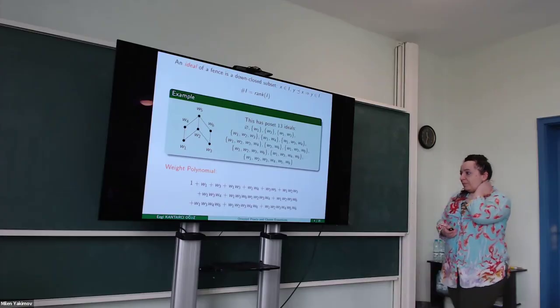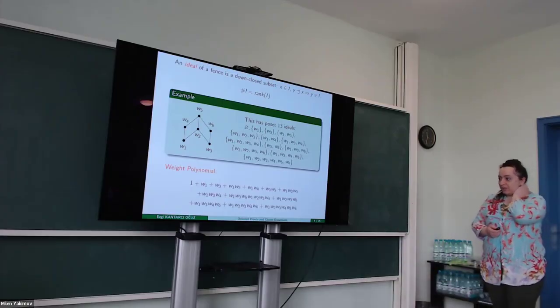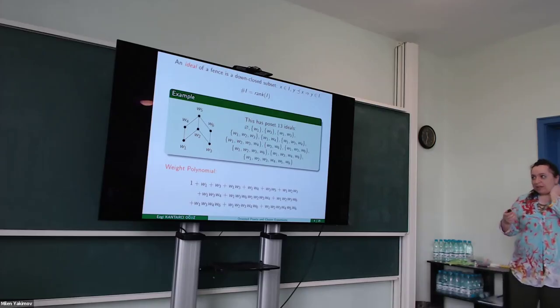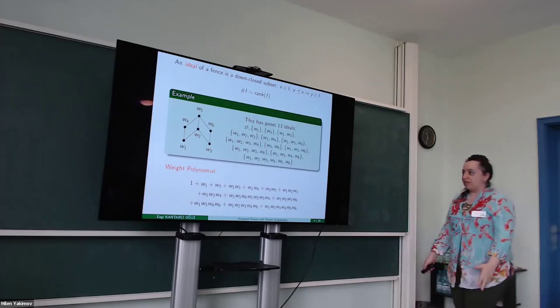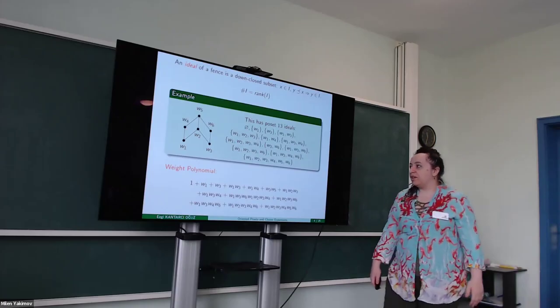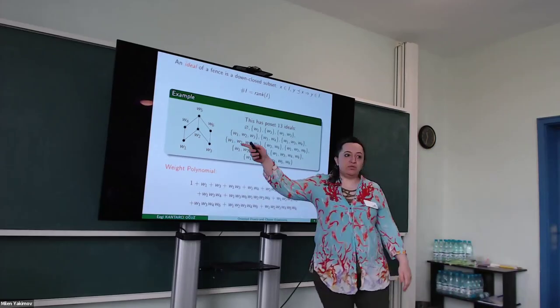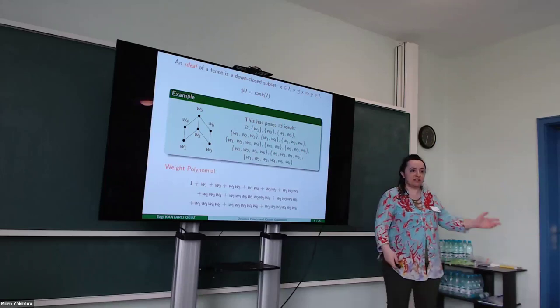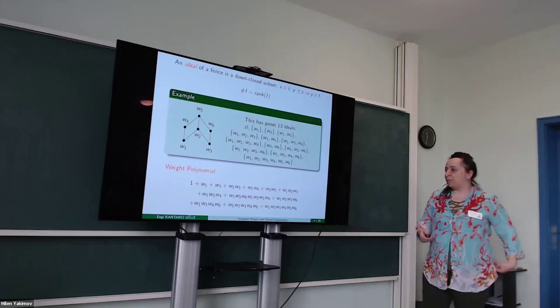And we again get a weight polynomial. So this is mainly going to be the combinatorial structure we'll be using. And we'll have a shortcut of calculating these polynomials from the posets using matrix multiplications.